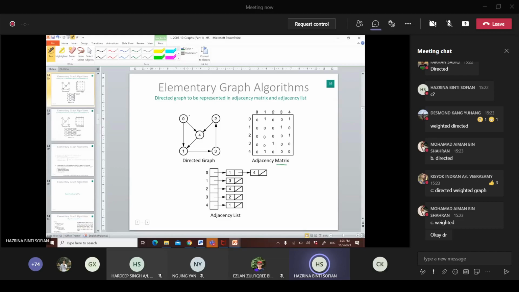First step, you see how many vertices there are. We have 1, 2, 3, 4, 5. So we build a matrix that is 5 by 5.